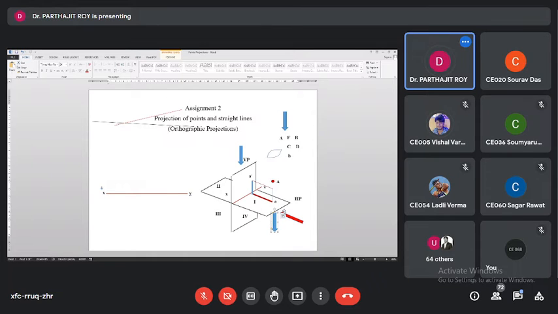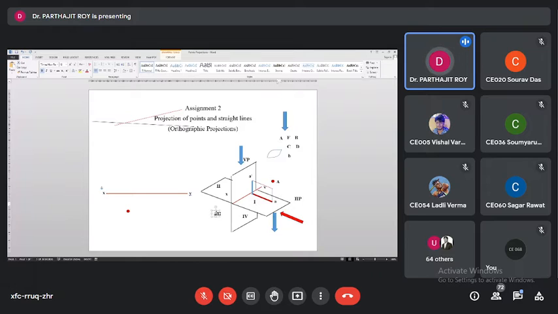Yes, sir. So in fact, for the point A, top view of the point A, we will be getting it somewhere here below XY line. Isn't it? Yes or no? So somewhere here you will be getting it.